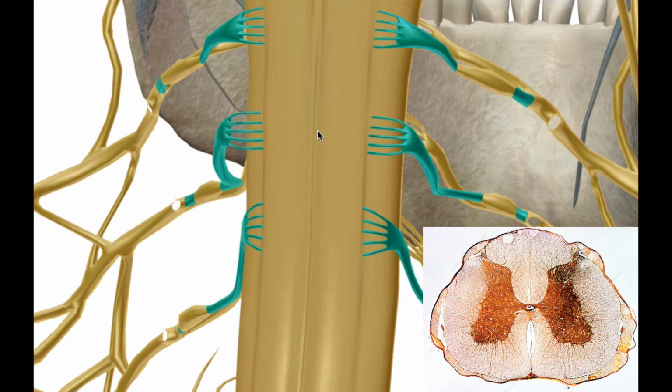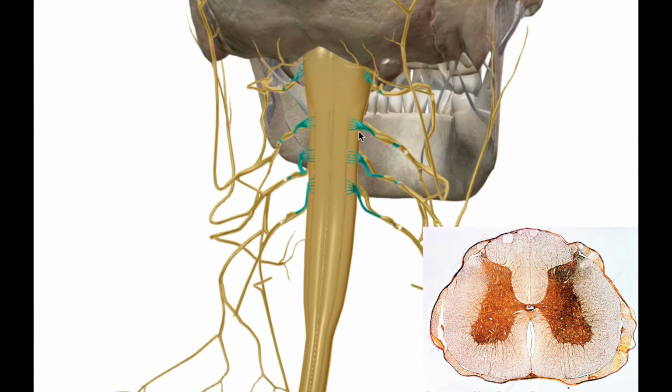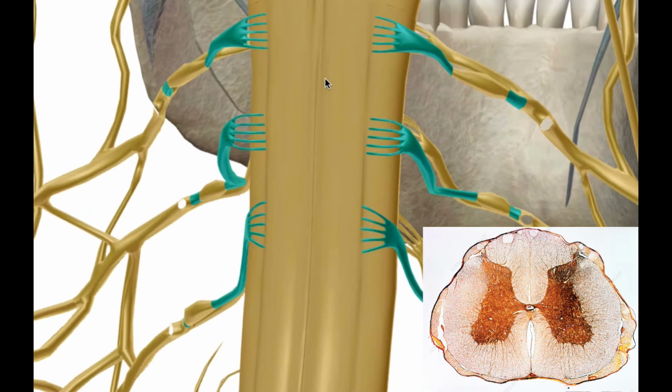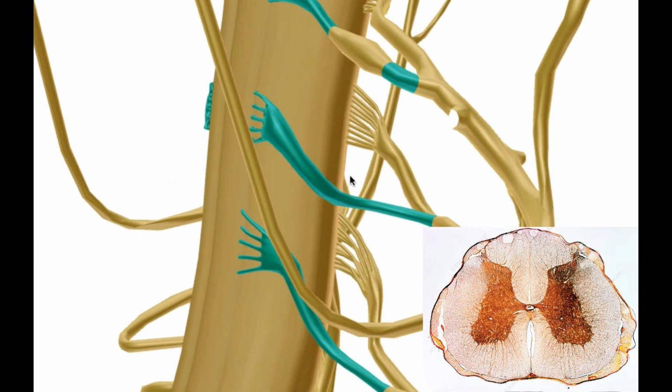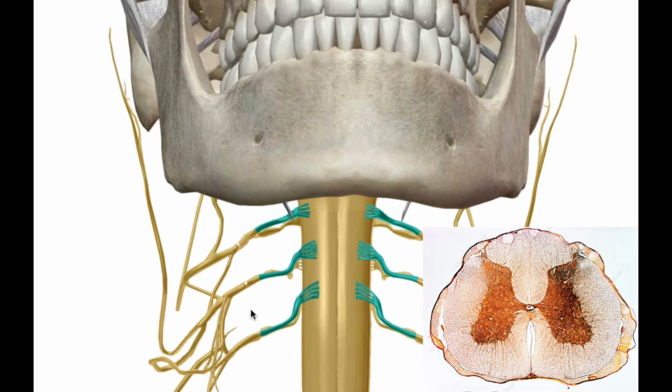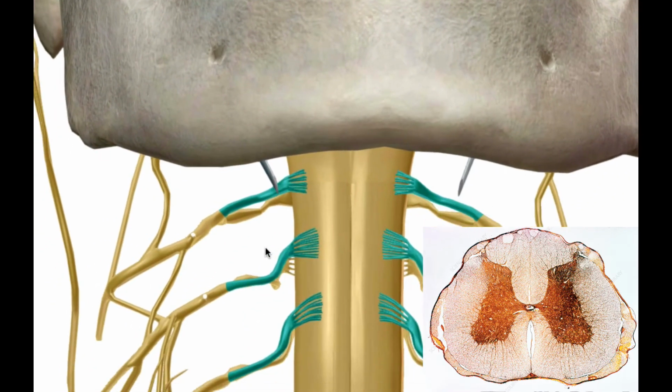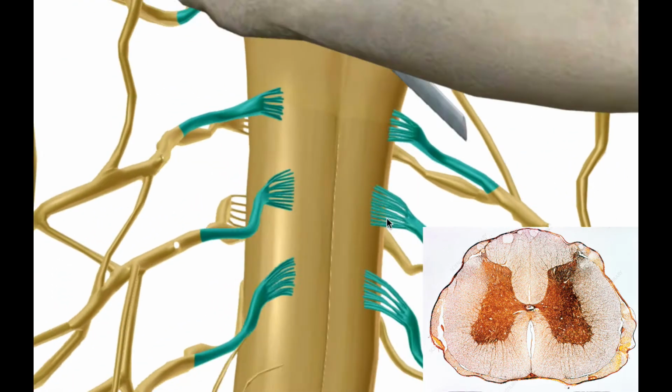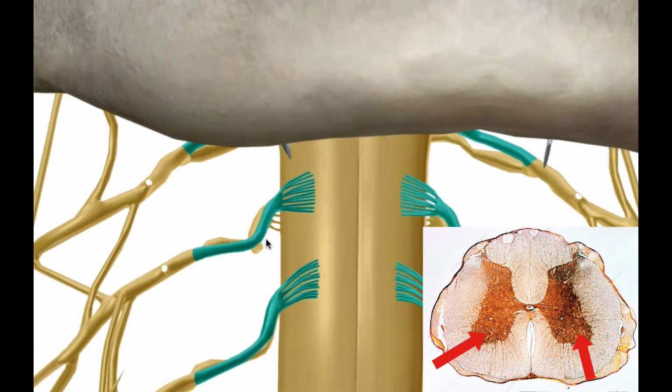If you go back to the previous video when we talked about the reflex arc, if it's a reflex, then it skips going up into the brain for processing, and it just goes into an interneuron in the spinal cord and into the ventral roots itself. This is the efferent.